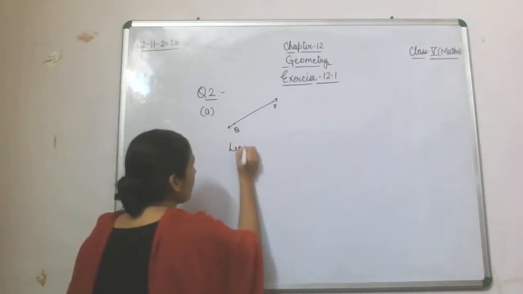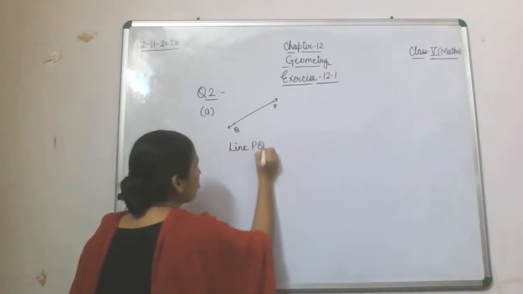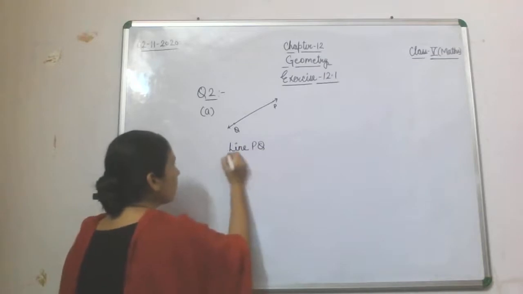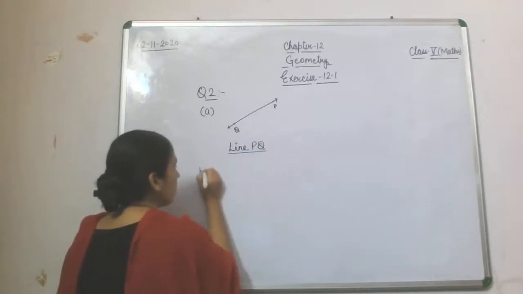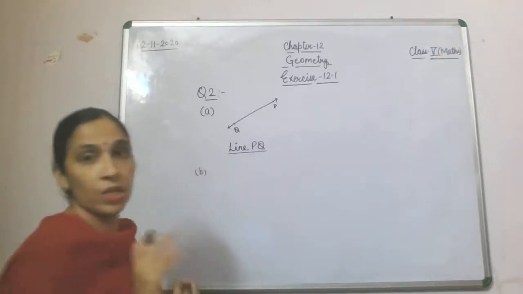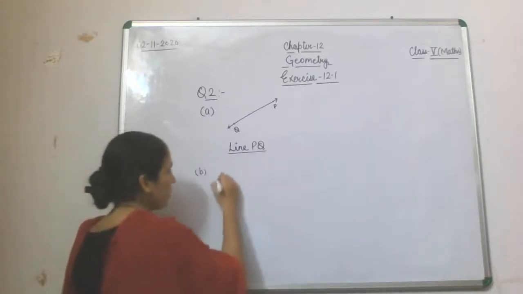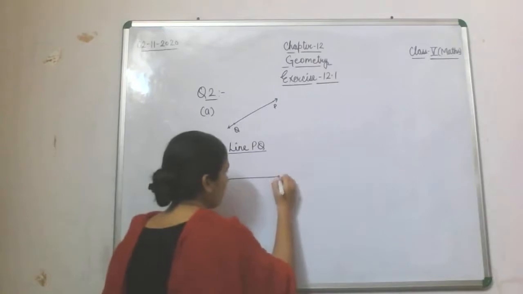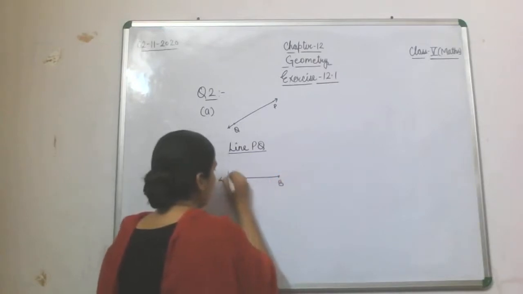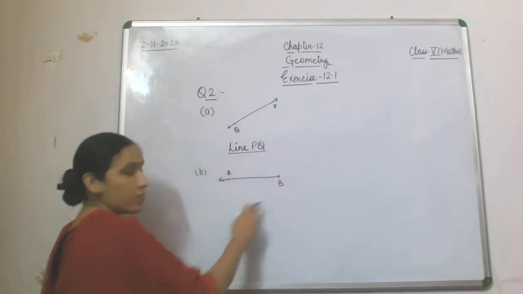So we'll write here line PQ. This will be your answer. Now just below the figure you are going to write it, line PQ. Now next, which kind of figure is this?